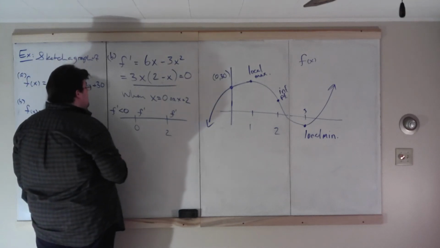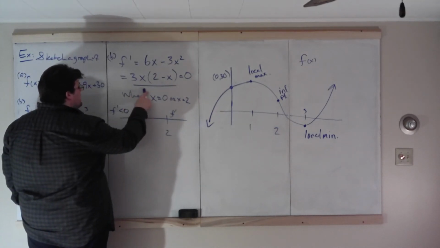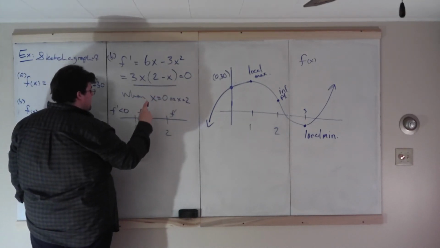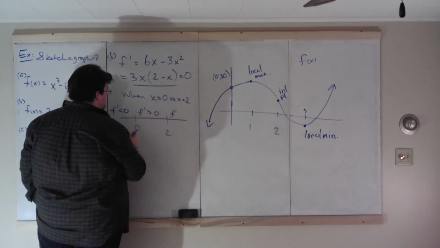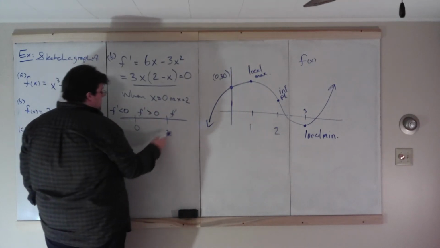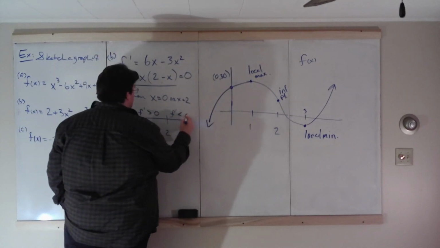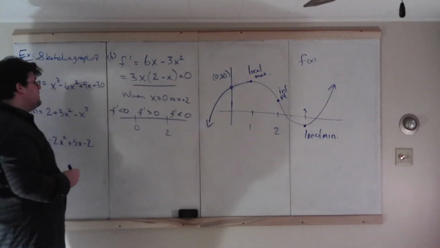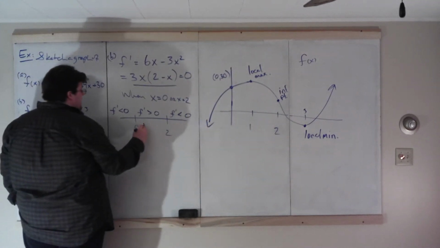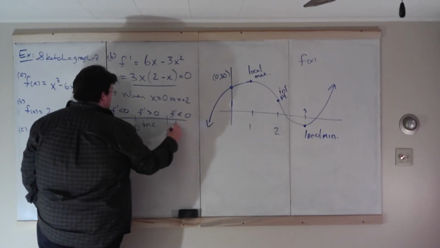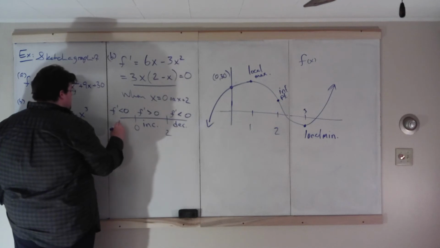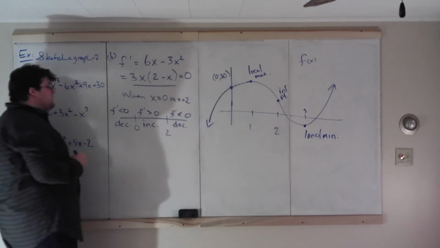I'll pick 1. Put 1 into the derivative, you get positive times positive, which is positive. Pick a number over here, 3. You get positive times negative, which is negative. Where the first derivative is positive, the original is increasing. Where the first derivative is negative, the original is decreasing.